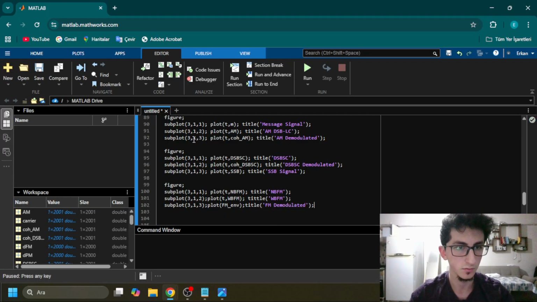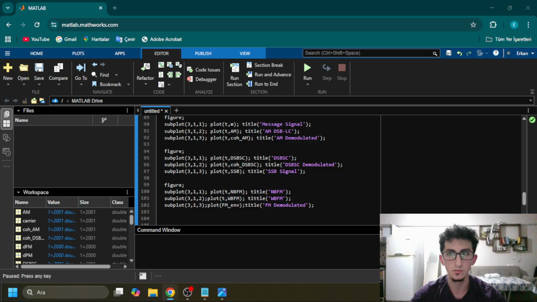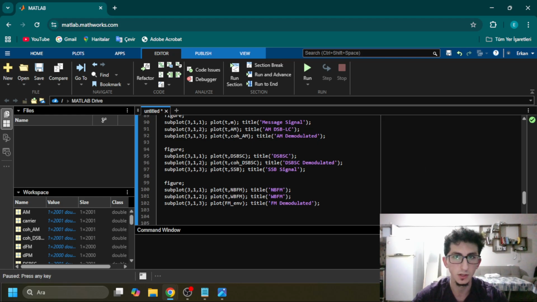So I'm gonna check this one: 311, yeah, 311 and demodulated, and also wideband, narrowband, envelope, FM demodulated. Yeah, everything is true. I'm gonna continue with the next one, and it's gonna be the last one.